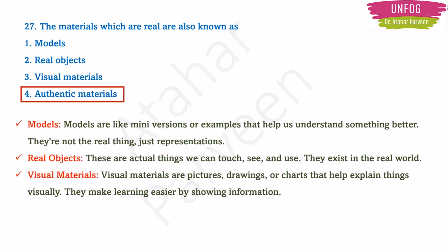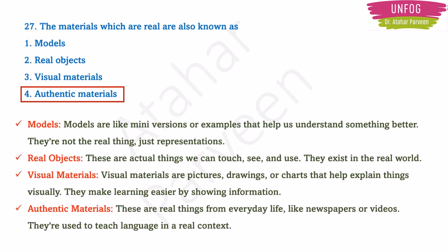Next are authentic materials, which I already told you. They are real things from everyday life. For example, newspapers or videos, and they are actually used to teach language in real context.